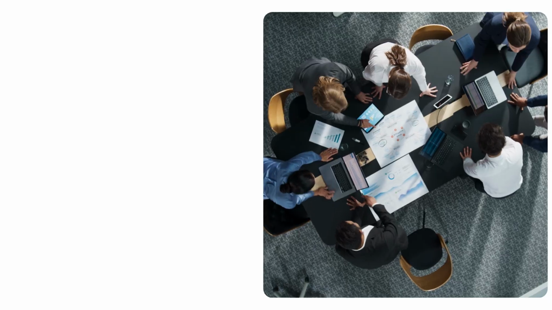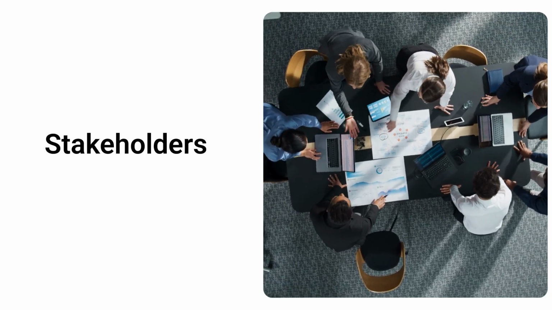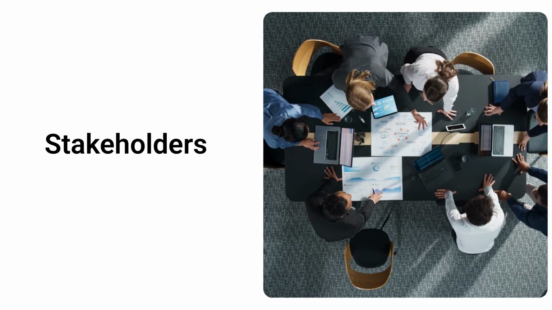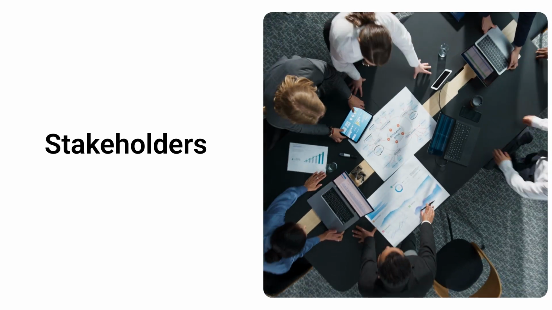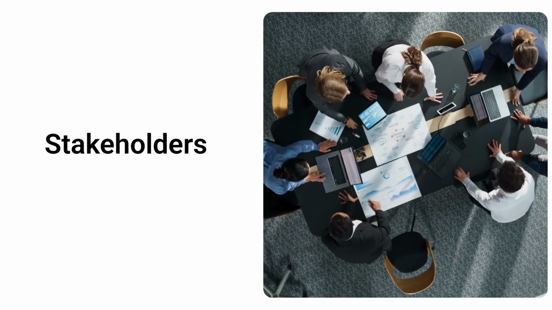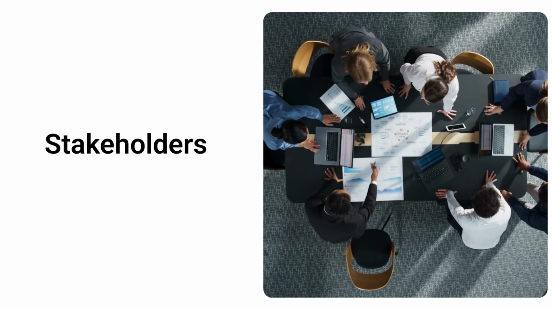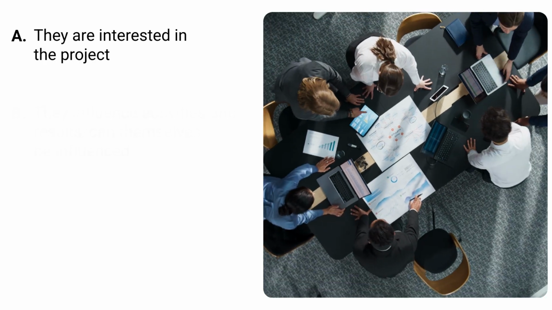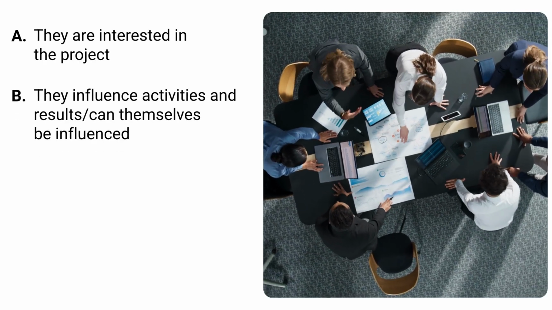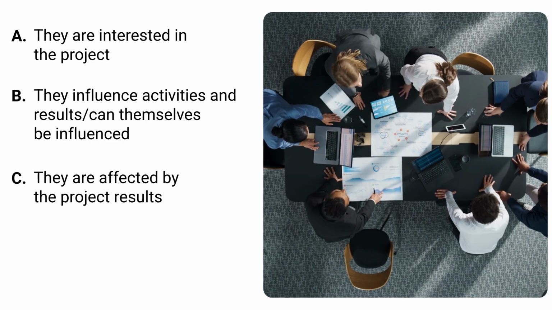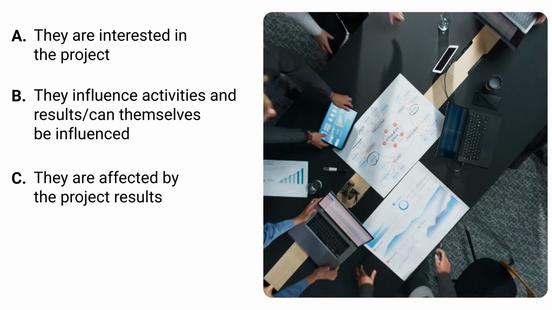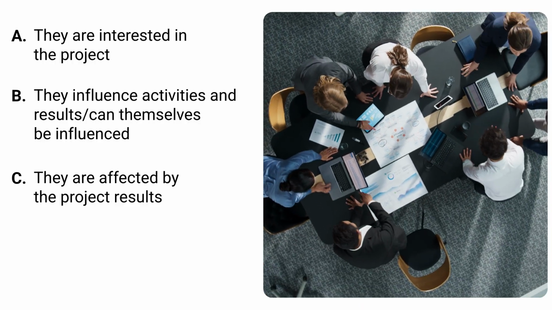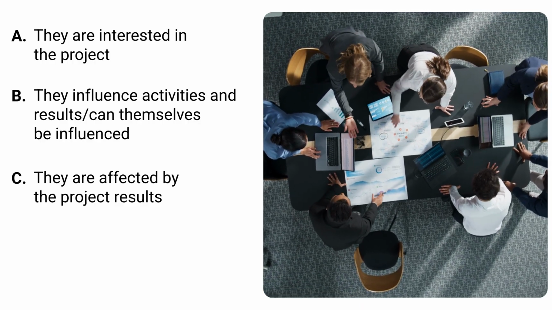The next step in the analysis is to identify the stakeholders and understand their attitudes and expectations towards the project. Stakeholders are all the people, groups, or organizations who are interested in a project, can influence its implementation, or are affected by its results. This includes active participants in the project, external actors, and institutions related to the topic.